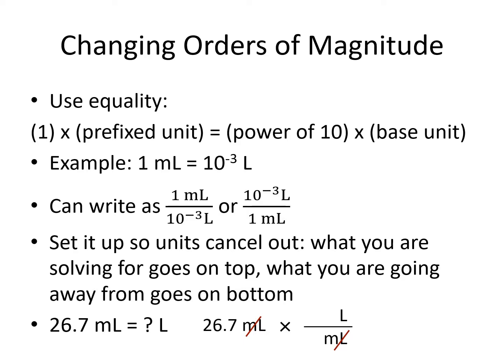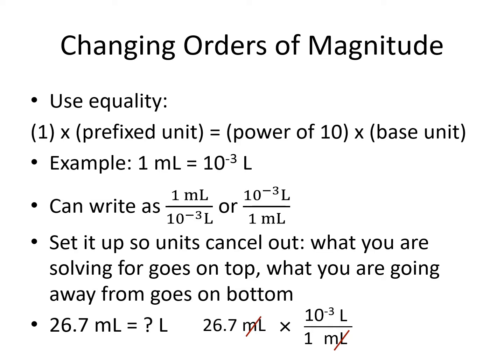Then I fill in my conversion factor based on my equality. 1 goes next to milliliters, and 10 to the minus 3 goes next to liters. I always put 1 next to my prefix unit, in this case milliliters, and my power of 10 next to my base unit, in this case liters.